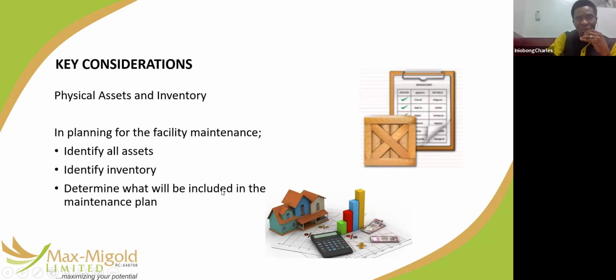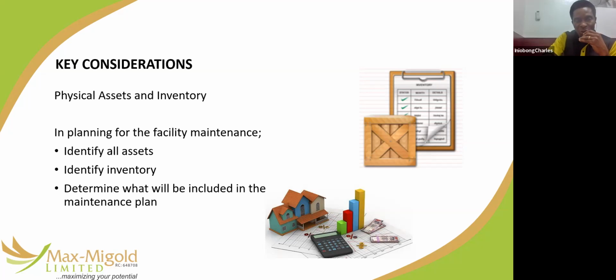Now, the key consideration here, like I said before, is our asset register and our inventory. Because the asset register is the key input into our facilities plan. In planning for facility maintenance, identify all assets. As a facility manager, by now, you should be able to identify all the assets in your facility.